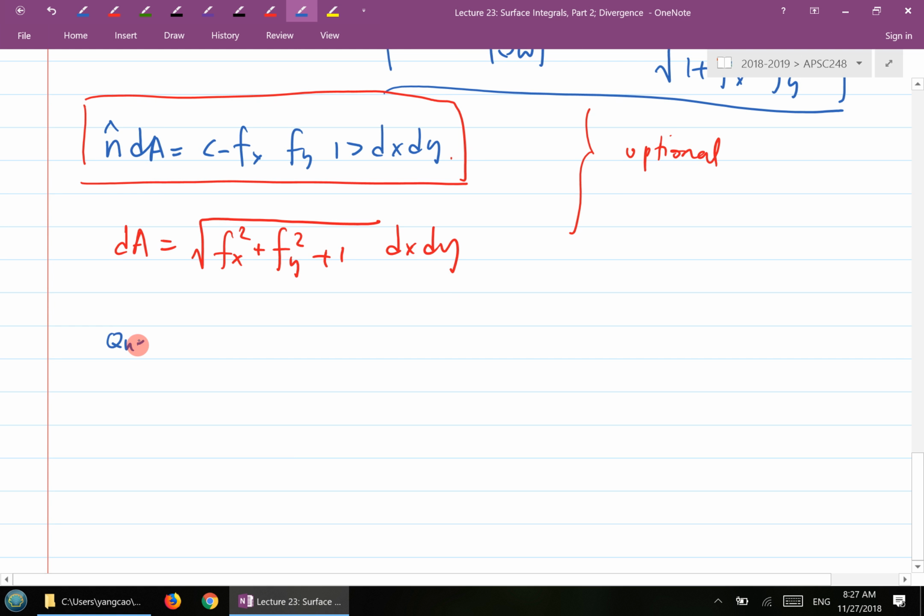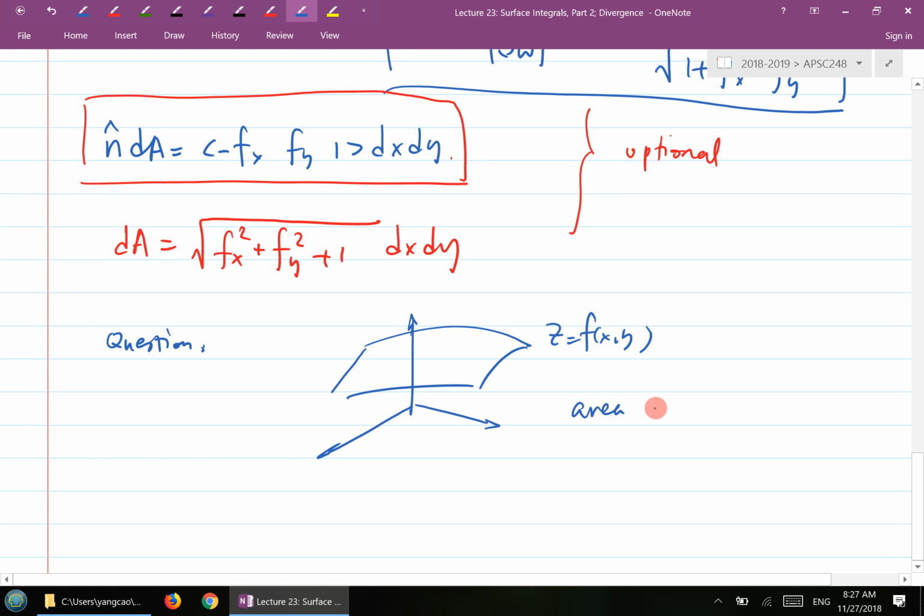One very typical question is this. Let's say I have a surface over here. Can you calculate the area of the surface? So what will be the area of the surface right here?